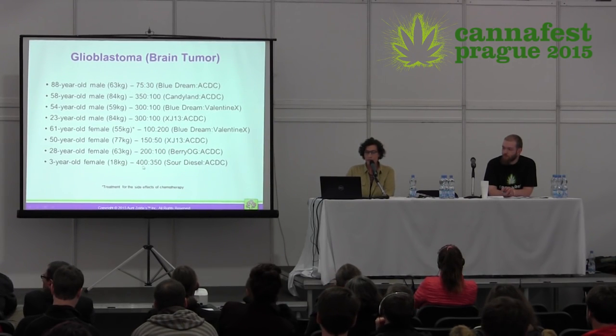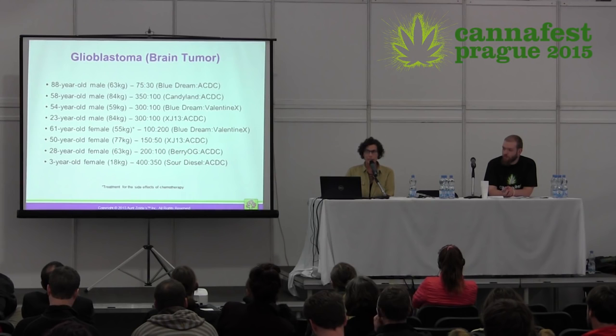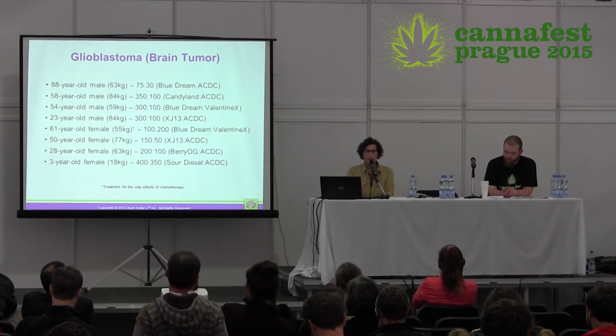She was taking 400 milligrams of THC and 350 milligrams of CBD each day. To put that into terms of what it means as a dose, a gram of cannabis extract oil, and we do all of our extractions with 190 ethanol, you can realistically expect somewhere between 50 and 75% THC, assuming it's a high THC strain, of course.